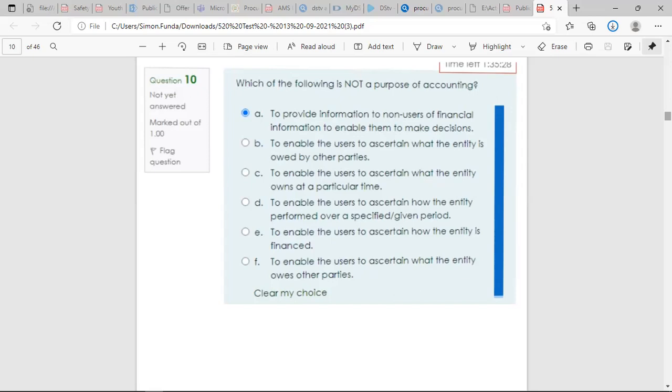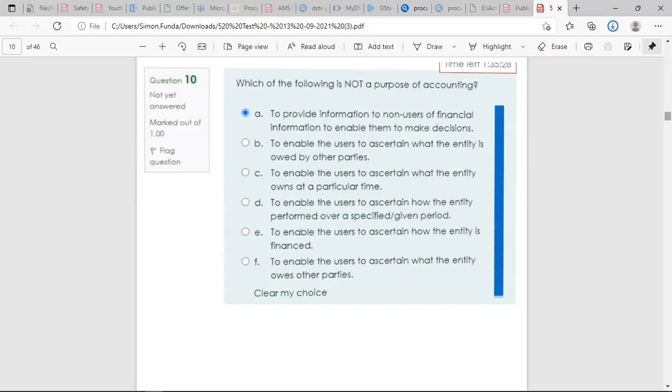We need to know how the entity is financed. Is it financed by equity, or is it financed by debt, the loans? So when we look at the face of the financial statement, we'll be able to know whether the company is financed by equity or debt.